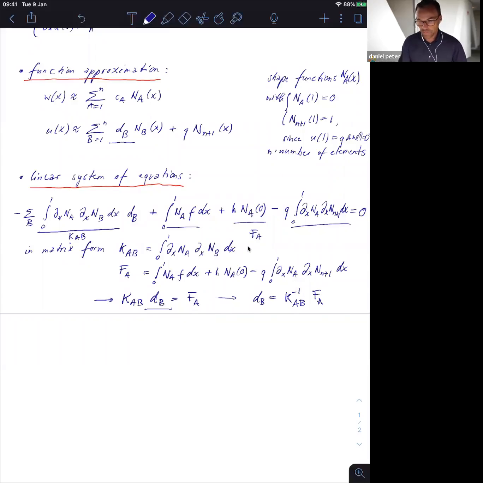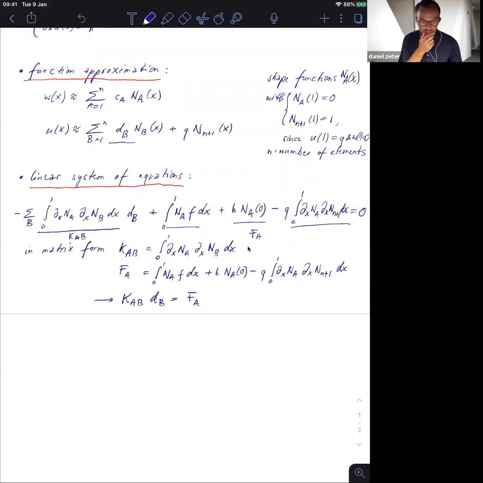That's simple, as long as we can invert the stiffness matrix. So obviously the stiffness matrix has to be invertible to do that. Good. So that's where we stopped last time. This matrix form of the linear system of equations that we want to solve.